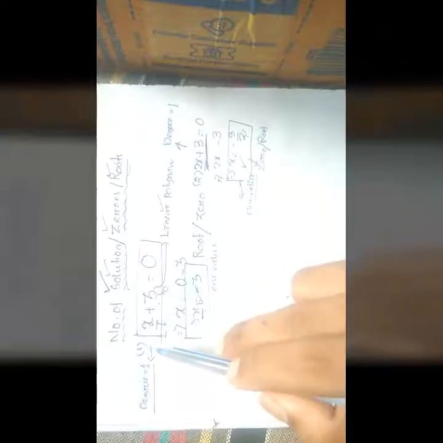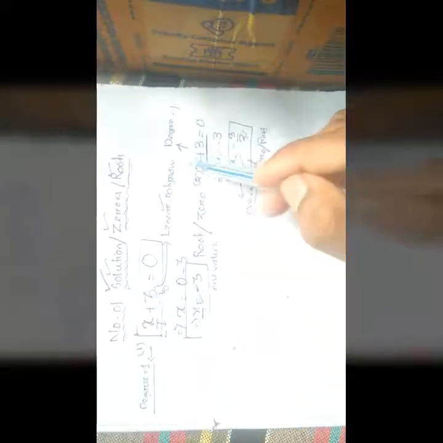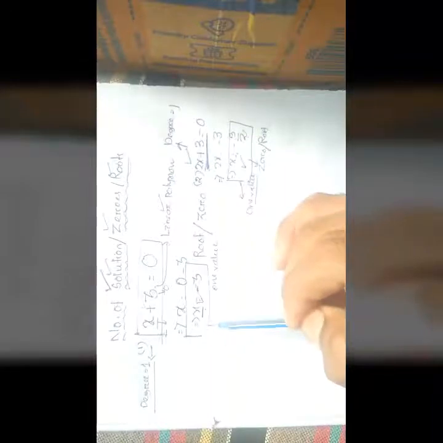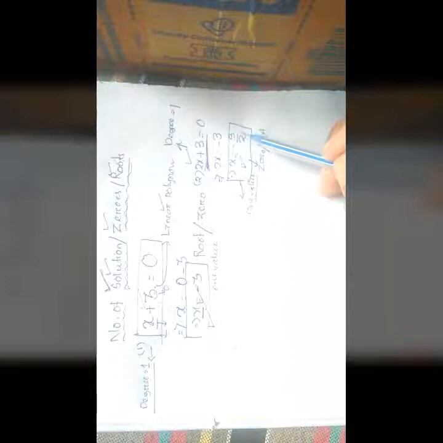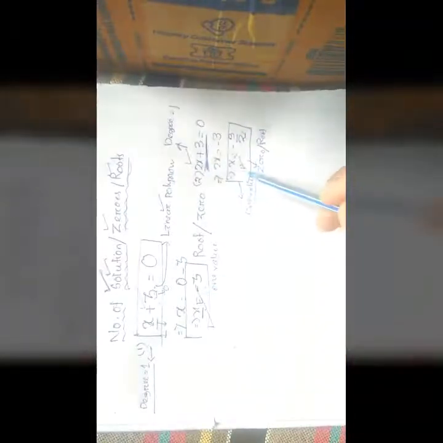So from problem 1 and problem 2, we have the same type of polynomial. It is a linear polynomial, and here we get only one value of x. That means any linear polynomial has only one value of x, or you can say any linear polynomial has only one solution or only one root.